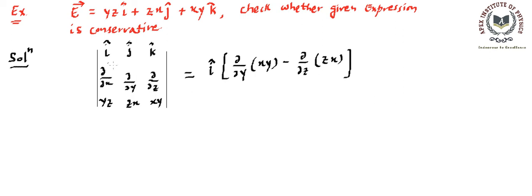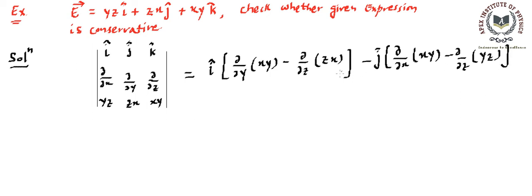Then we need to expand for j, so there has to be a minus sign, and we will not consider this row and column, so by cross multiplication, del upon del x of xy, and then minus del upon del z of yz.